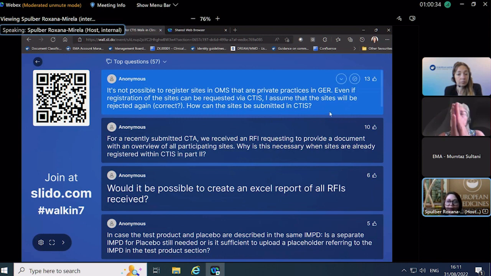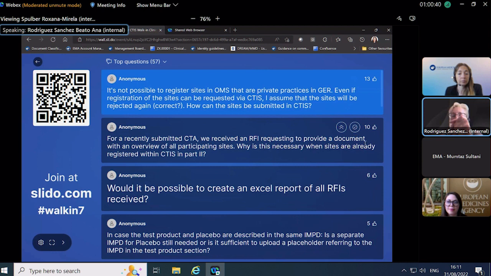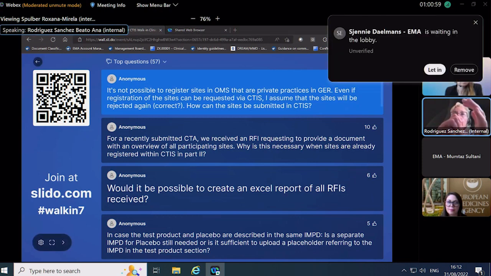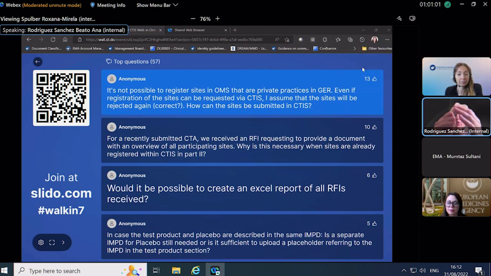I think this question is in some way linked to the previous one, but I don't remember now the wording of the previous one, and perhaps I missed complementing that question before. One thing that we plan to implement in CTIS is to, at least for investigational sites and also in other specific areas of the system, switch off the submission of the information in CTIS.